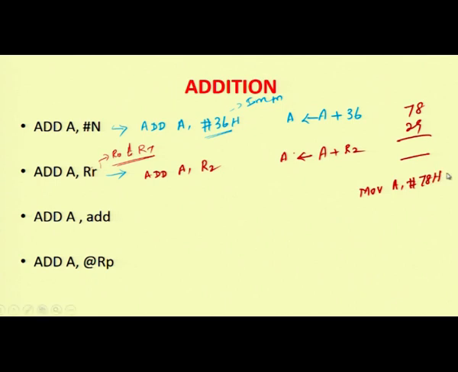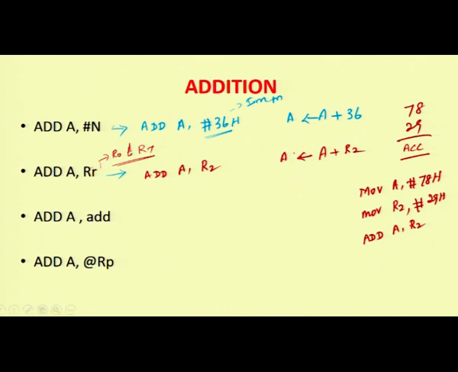One of the data should be in the accumulator, so I initialized 78 in the accumulator. The other data you can initialize in any register. As per the example, I have taken R2 with the second data. By this, the given 2 numbers are initialized. The next step is to use the corresponding instruction, add A comma R2. So, now 78 plus 29 is added, and the result is stored in the accumulator.